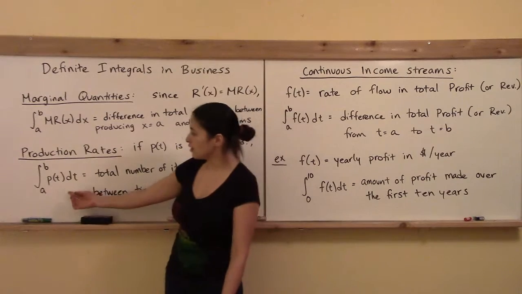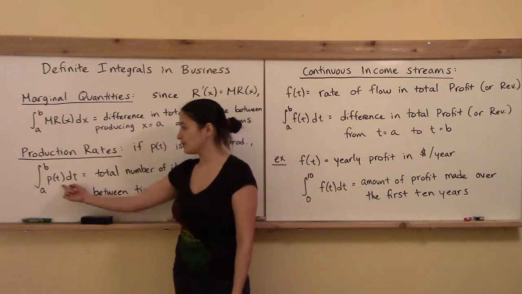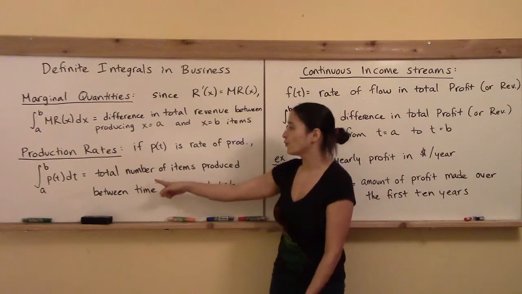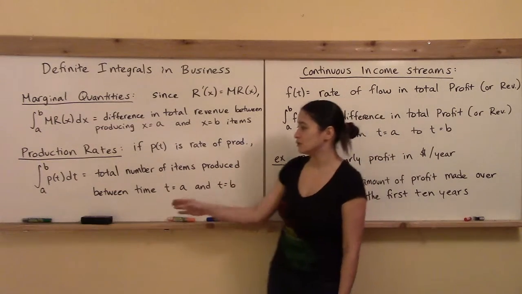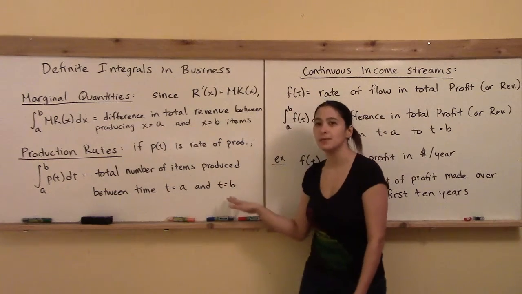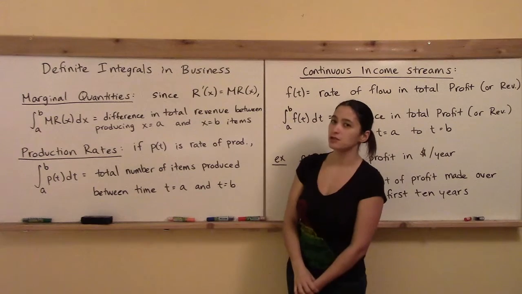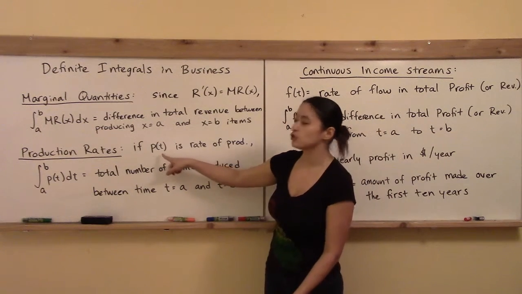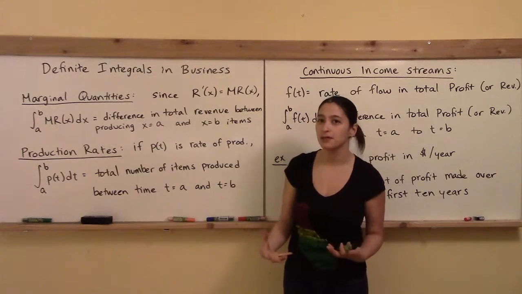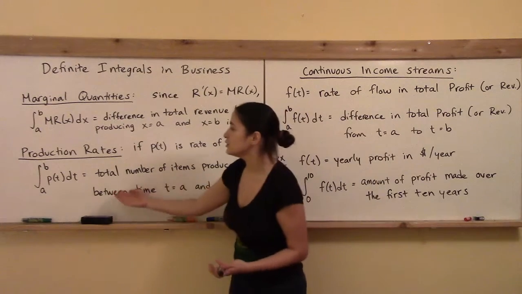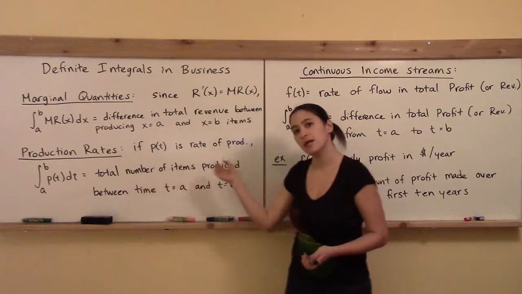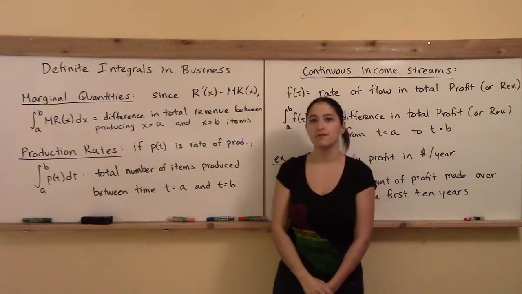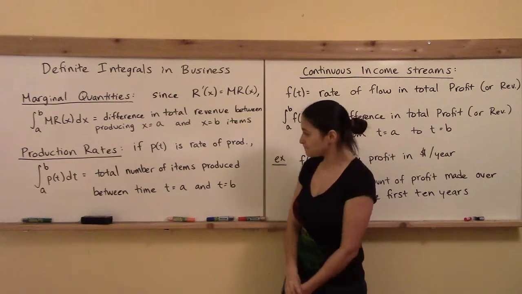So then the integral from A to B of that production rate P of T is going to be the total number of items produced between time T equals A and time T equals B. I could have also said that if P of T is the derivative of some capital P of T, then this would be equal to capital P of B minus capital P of A by the fundamental theorem of calculus.